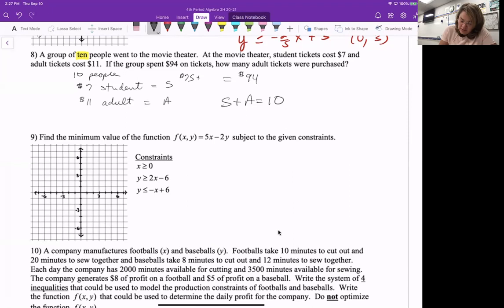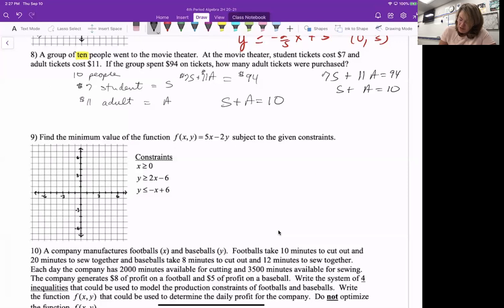Plus, I know that the adults cost $11, and however many adults I had has to cost 11, and that equals 94. So I'm just going to clean this up a little bit. And so 7s plus 11a is equal to 94, and I know that s plus a equals 10. I have 2 equations, 2 unknowns, and now I can solve them.